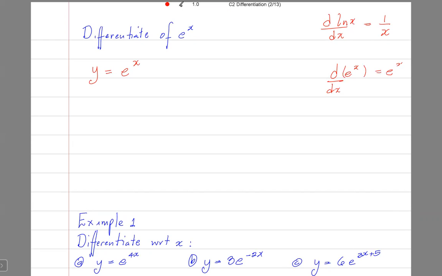And I'm going to show that that is the case. So here I have y is equal to e to the x. What I'm going to do next is take ln of both sides. So ln y is equal to ln of e to the x. All I did was find ln of both sides.